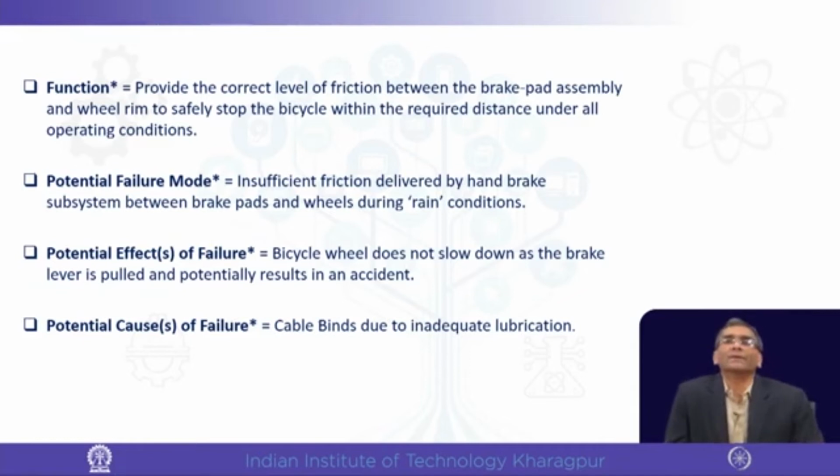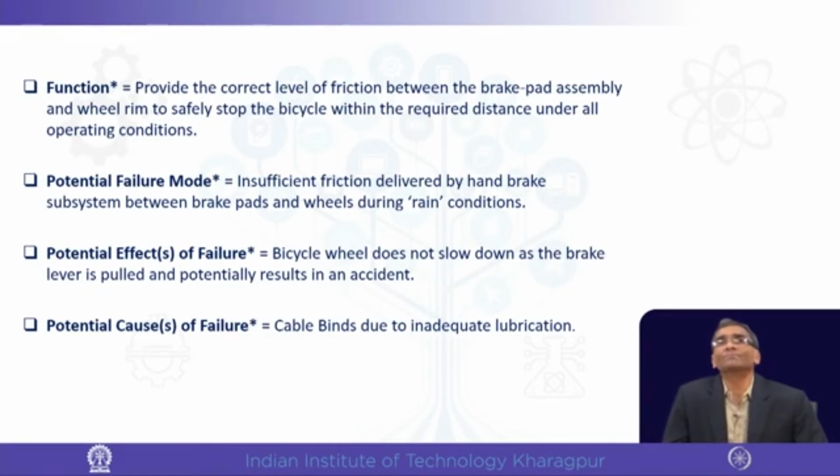Now, the function, as we said we will discuss, is to provide the correct level of friction between the brake pad assembly and wheel in this particular example case. I am explaining with an example, because in the books you will find the generic explanation, but I thought I would explain each and everything with an example, so that it goes to your mind very well.